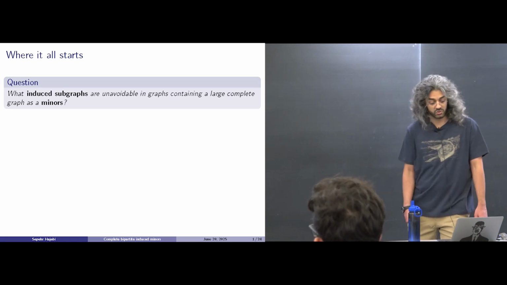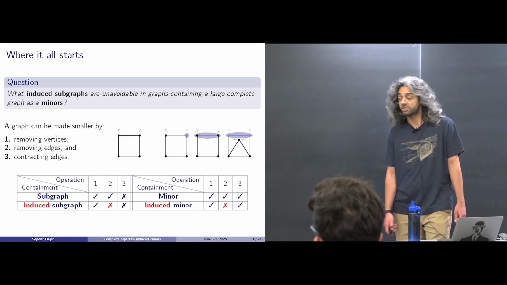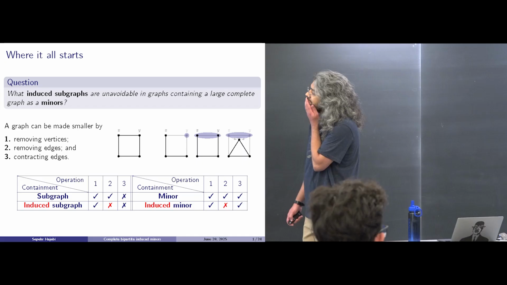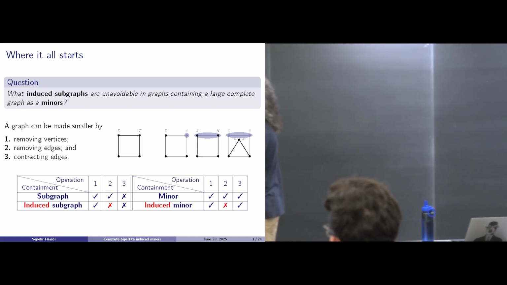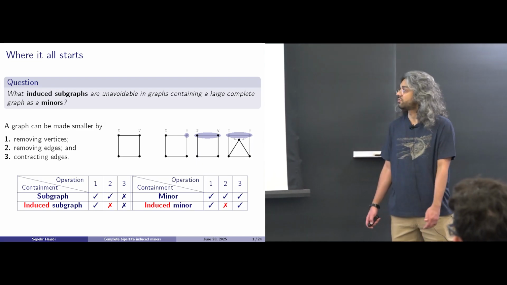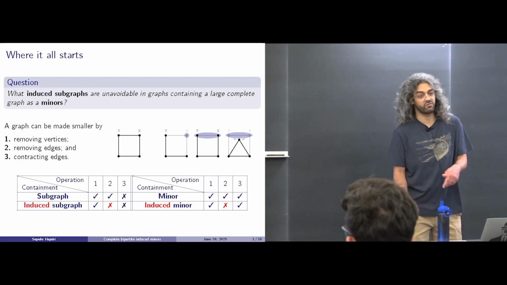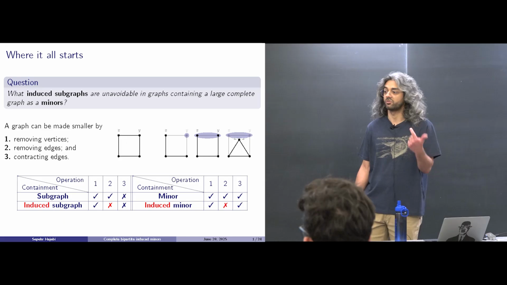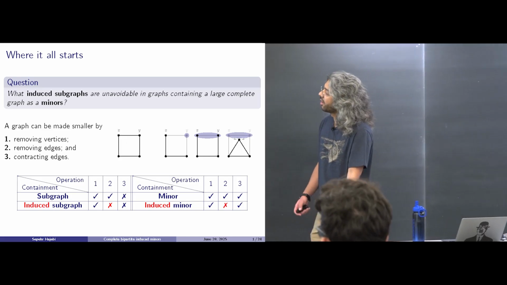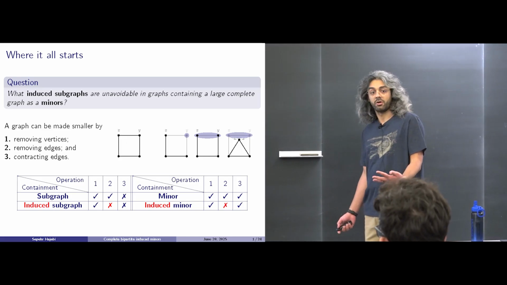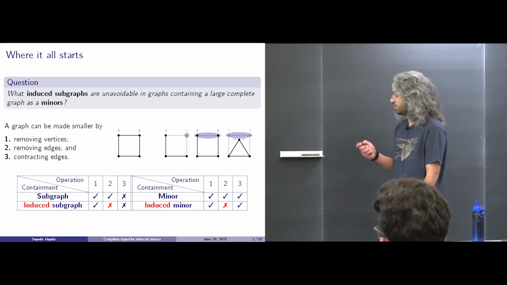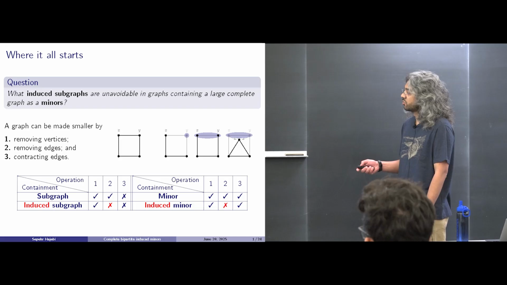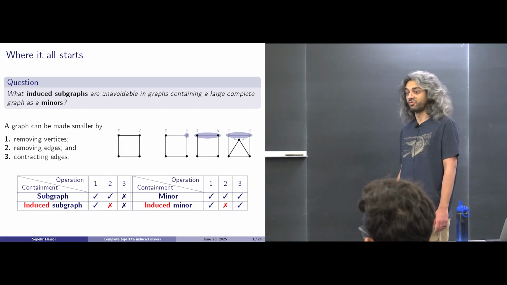So let me also recall some of the definitions here. Again, I think as everyone knows, there are three basic operations that you can perform on a graph to make it smaller. You can remove vertices, you can remove edges, you can contract edges. And different combinations of these three operations give you different containment relations on graphs. So you have subgraphs, which you get by removing vertices and removing edges.